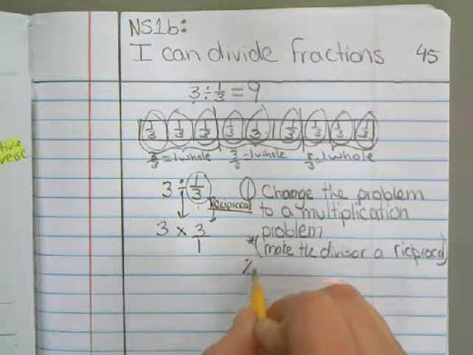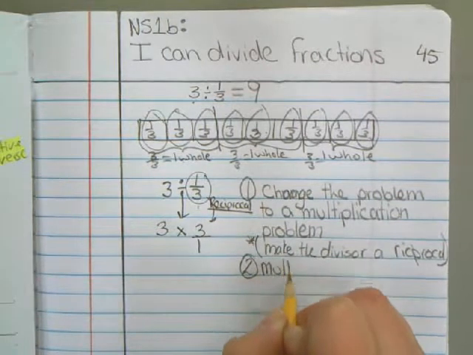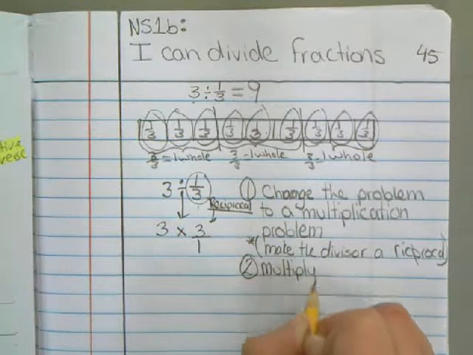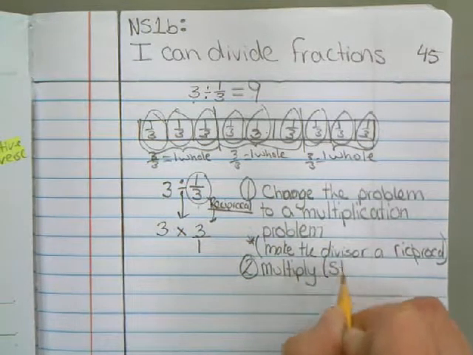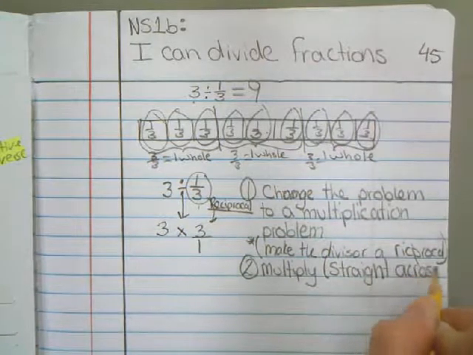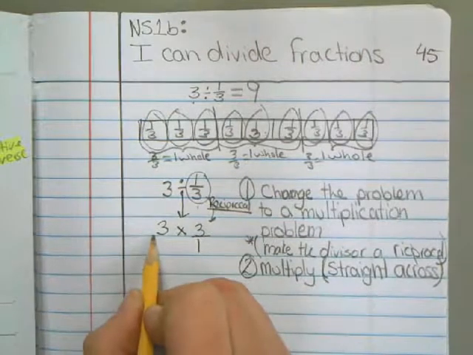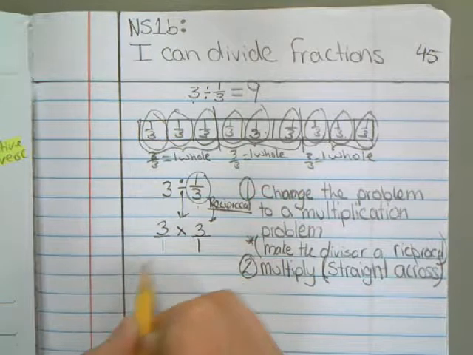Okay? Then step 2 is multiply. And we multiply straight across. Okay, so remember we talked about if we want that whole to be a fraction, we just put a 1 on the bottom. So we can do that right there.